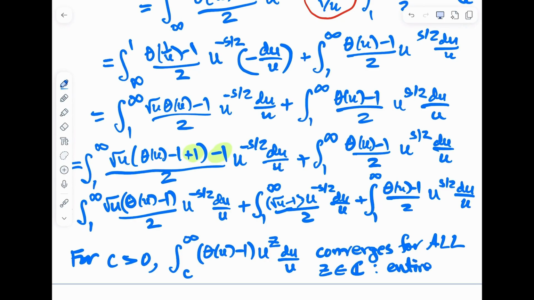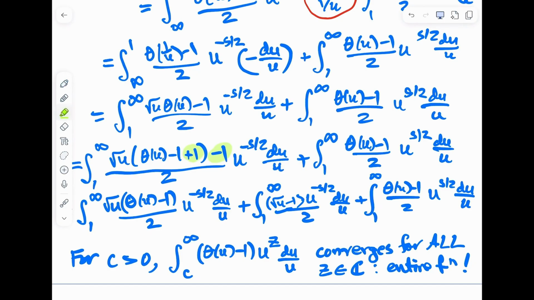This is an entire function. As long as you're integrating down to a positive number, theta of u minus 1 is a sum of decaying exponentials, and that decays fast enough that no matter what exponent you insert on u, you can take a positive number to any complex power, and that integral converges and is analytic in z.